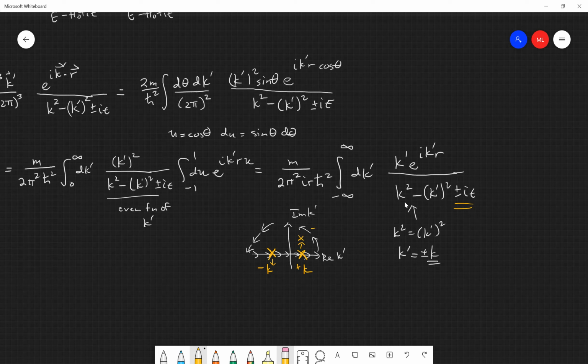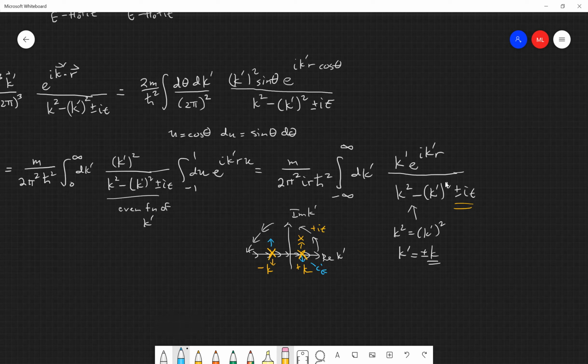For minus i epsilon, it's the opposite situation, where this guy gets shifted up and this guy gets shifted down. So you pick up either the pole at plus k or the pole at minus k, depending on which plus or minus i epsilon you have.